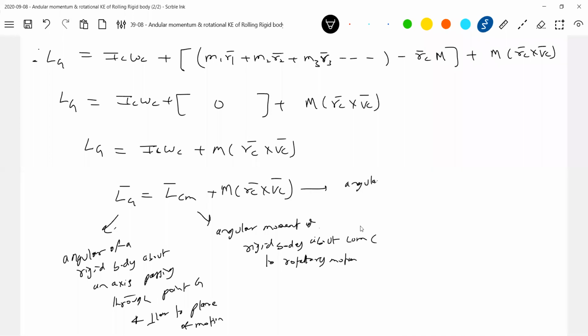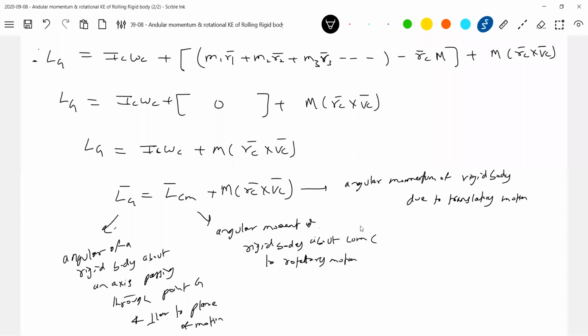Angular momentum of the rigid body due to translational motion, and we'll describe the translational motion of the center of mass. Angular momentum of a rigid body about an axis passing through the center of mass, because all points will rotate about the axis passing through the center. Therefore, we'll write this as LCM.